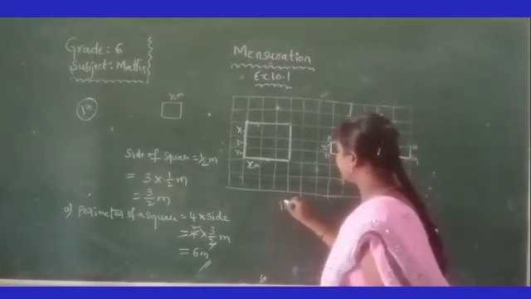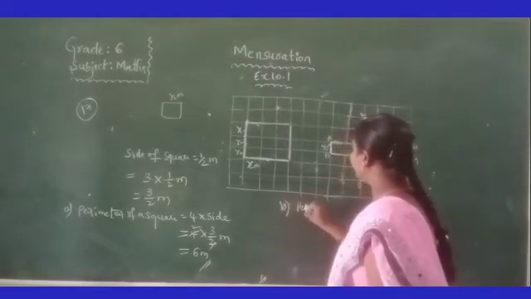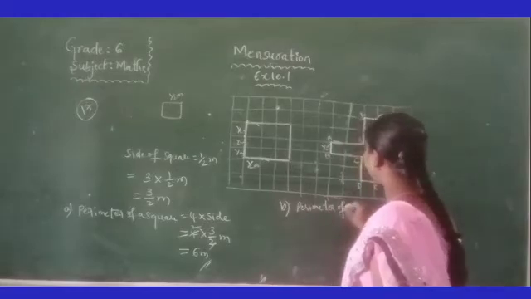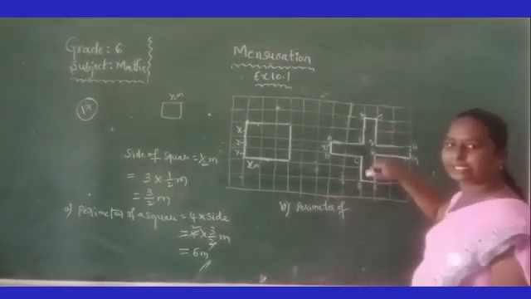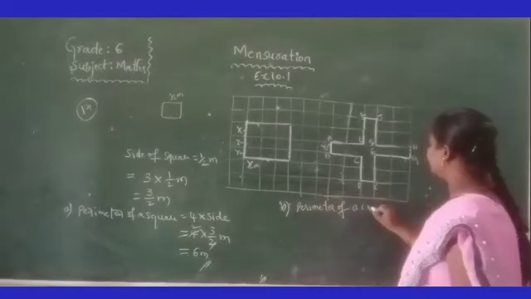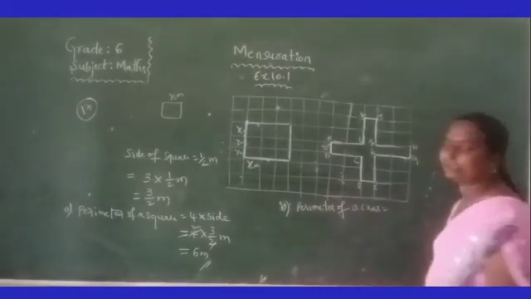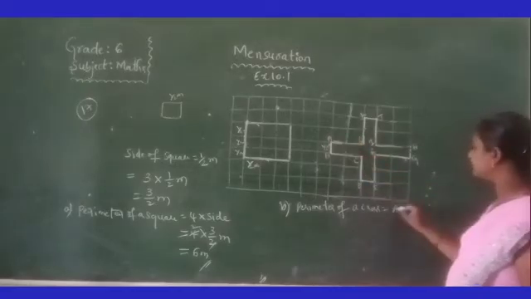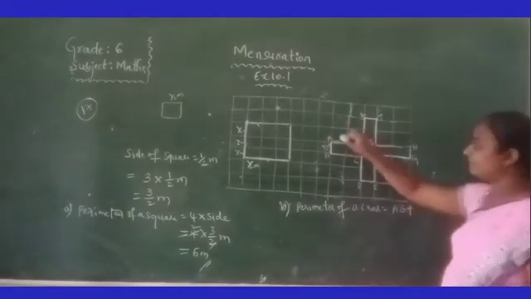Everything we write here is part B of the question: the perimeter of a cross. One side is half a meter, and the total distance is AB. Now we write everything.